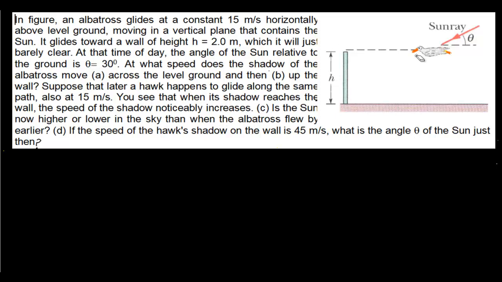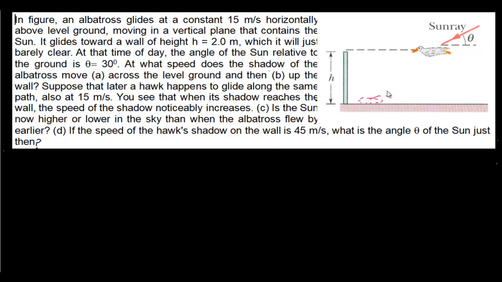So here in the question we have this albatross that is moving horizontally and it just barely passes over this wall, and sun rays are coming from this side, making an angle theta with the horizontal. When this albatross moves, its shadow will form on the ground.